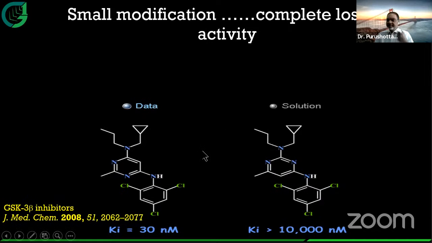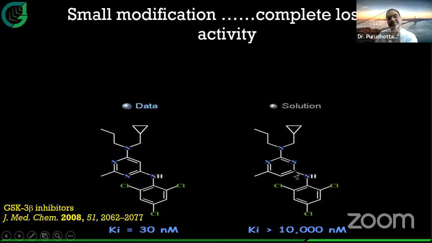Now the next important aspect that we are going to look into is how small modifications will alter the activities. You could see that what has been done here is simply that one nitrogen from the left-hand side compound has been moved. I will request all of you to look at the slide and study both the molecules.